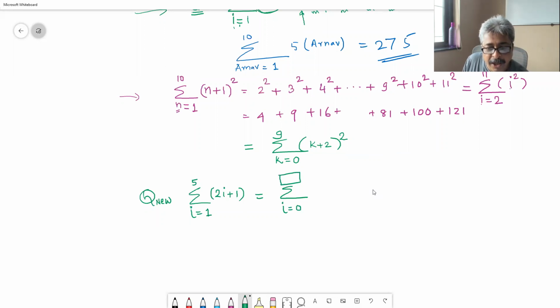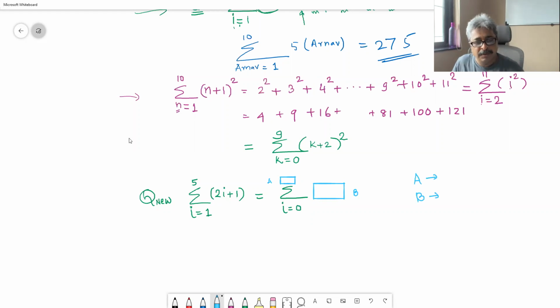What will you write? Let me change the color for fill in the blanks. Position A, position B. What will you write at A and what will you write at B?